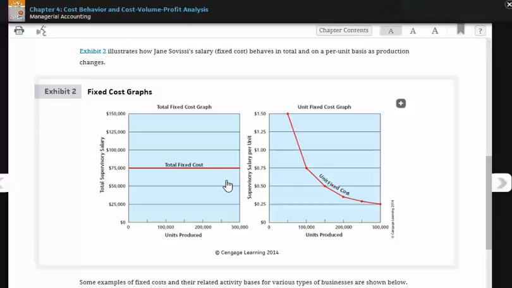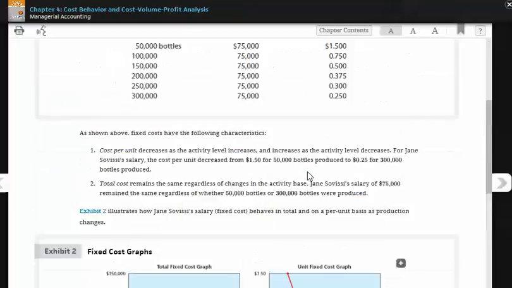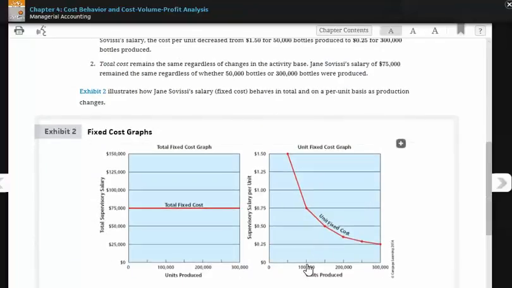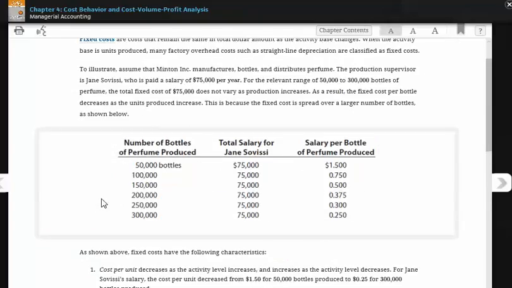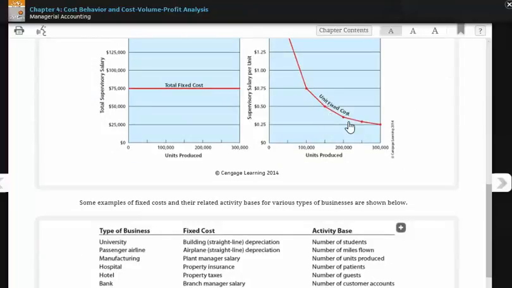On the other hand, if we graph it on a per unit basis, it's going to be a greater amount with fewer units, because we take the total cost, $75,000, and divide it by 50,000 units, which is $1.50. We continue to graph that down, and we can see here 100,000 units is 75 cents per unit, and we can plot that on our graph. If we go to the next one, we divide 150,000 into $75,000, and it's 50 cents per unit. So it continues to decrease.